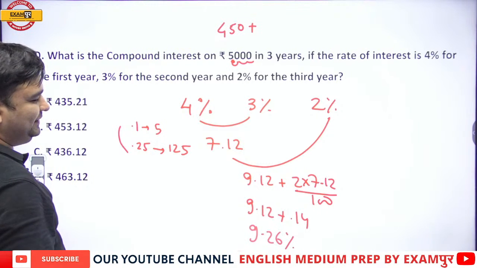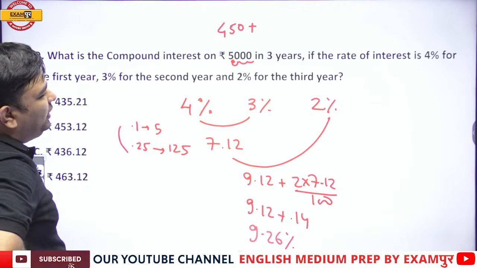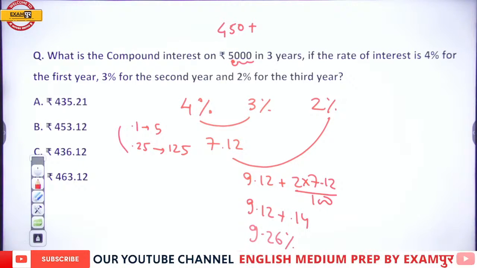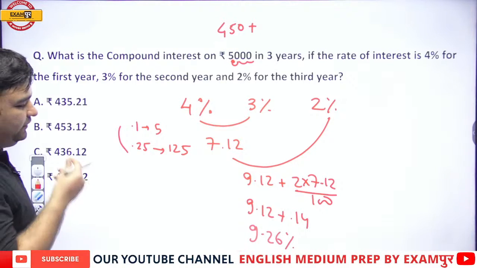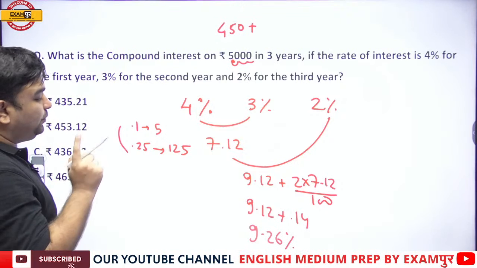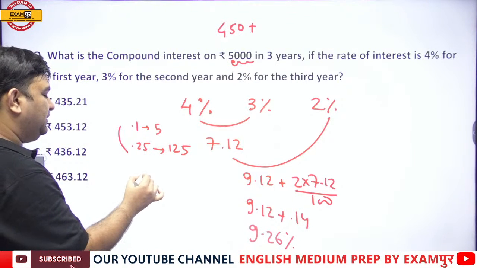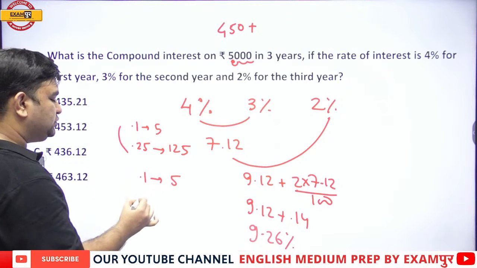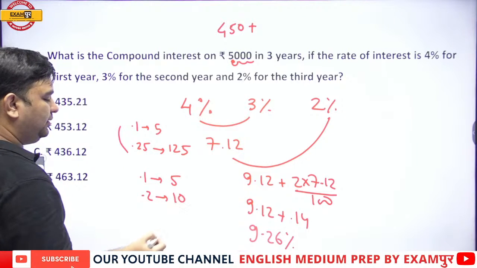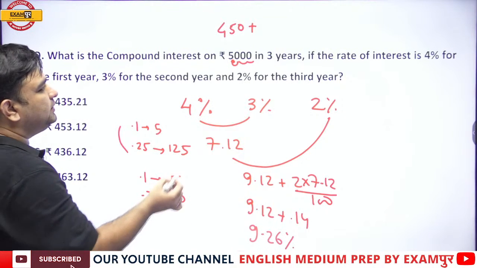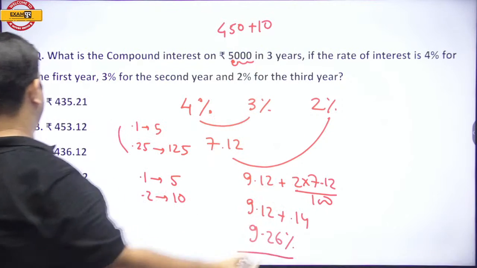What did I do? Yeah, 0.1% is 5, so 0.2% is 10. So plus 10.